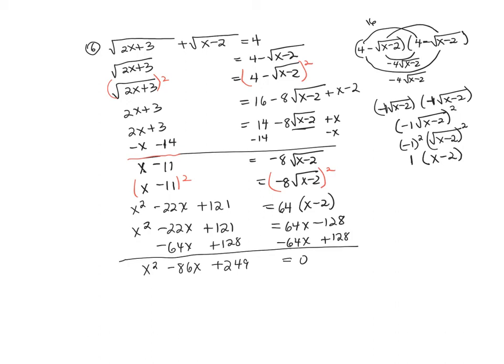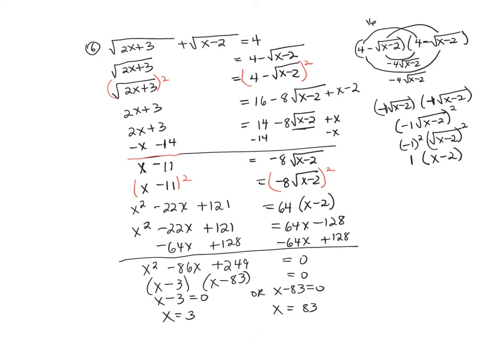And this one's a little hard to factor, but two factors of positive 249 that add up to 86 would be 3 and 83. So we have x minus 3 times x minus 83 equals 0, x minus 3 equals 0, or x minus 83 equals 0, x is 3, or x equals 83.